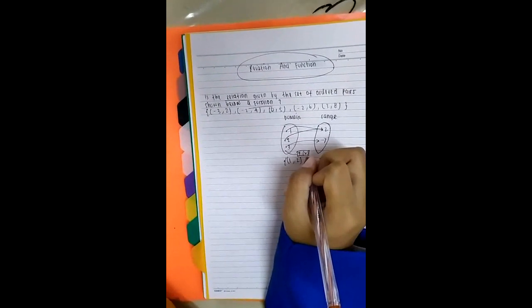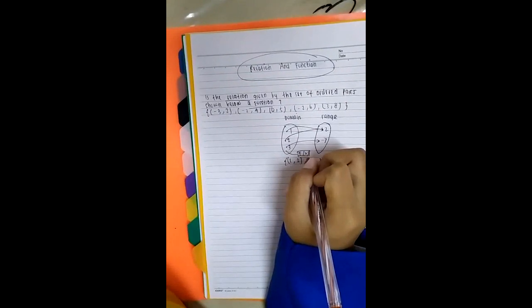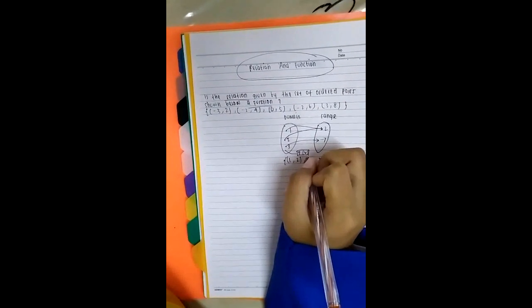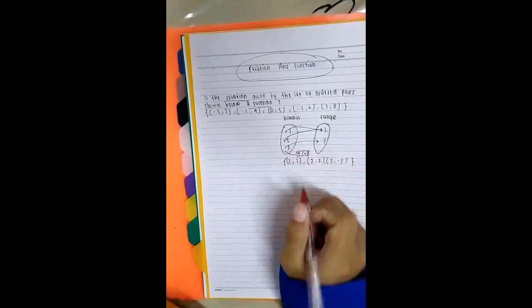You give me any member of the domain, I tell you exactly which member of the range it's mapped to.